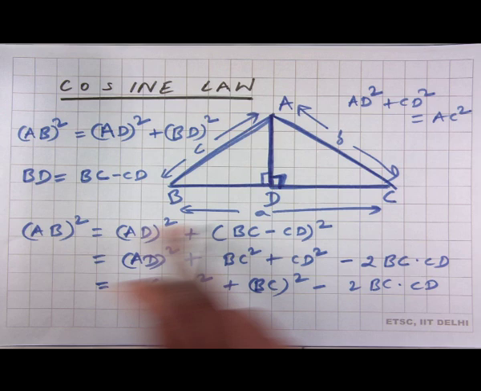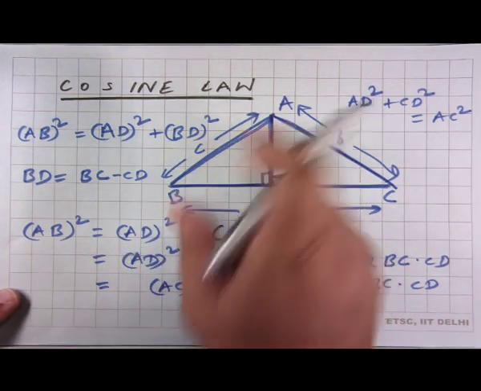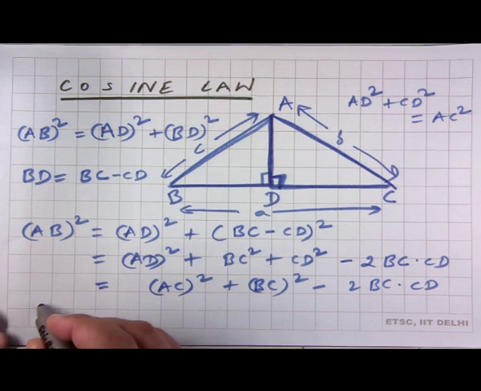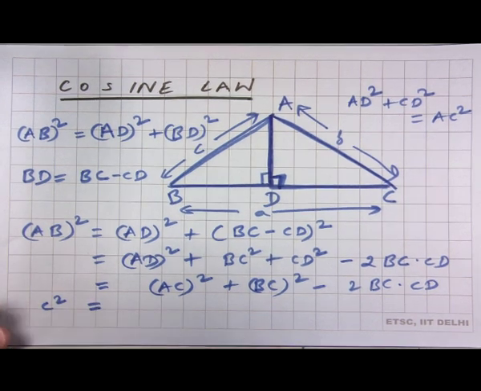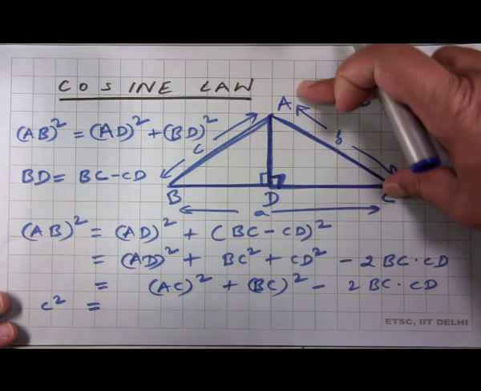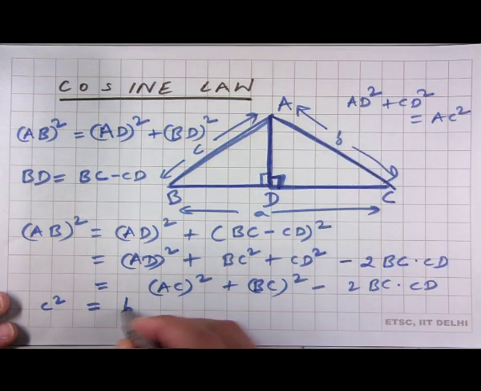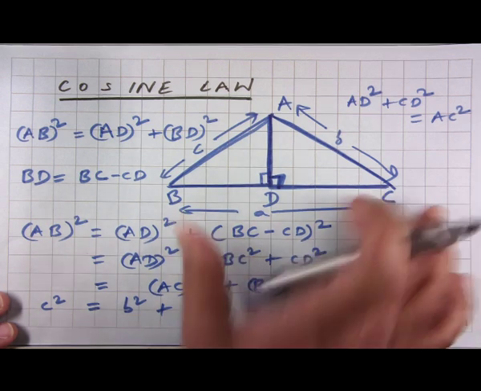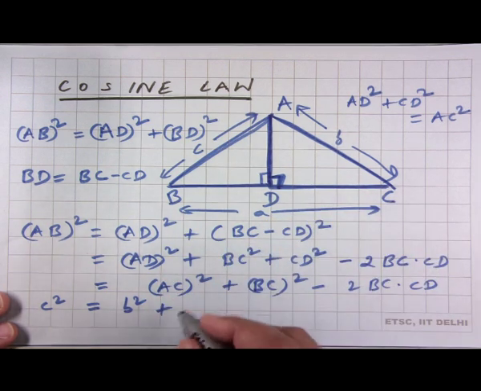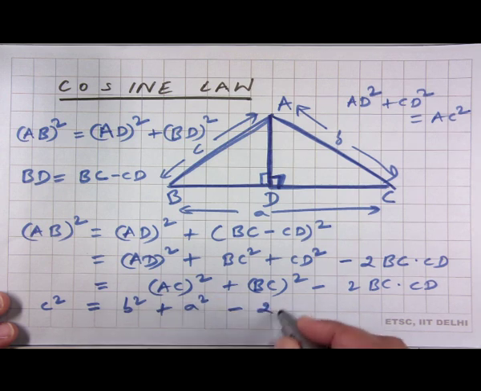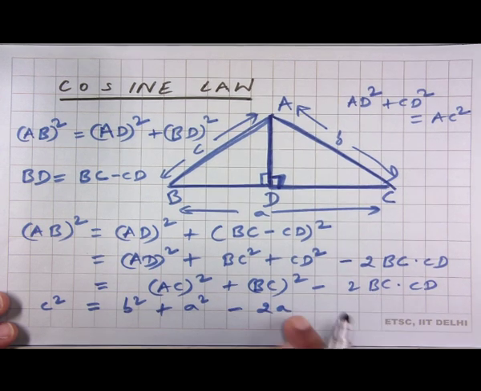But what is AB? AB is actually equal to C. So, the left hand side is C square, AC is equal to B, so this becomes B square plus BC, which is exactly equal to A. So, this term becomes A square minus 2 into A times CD.